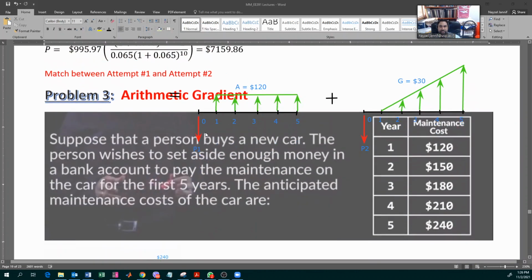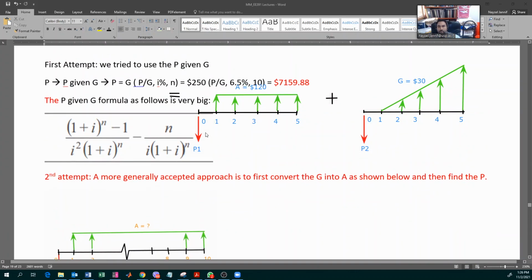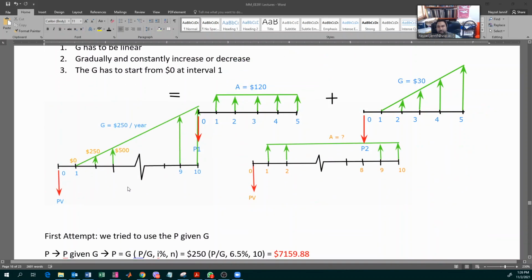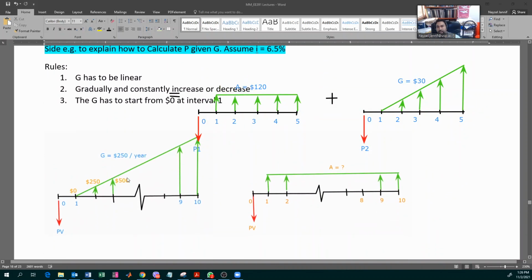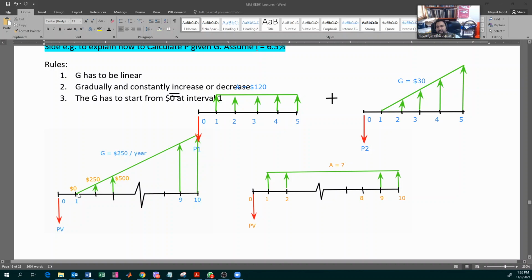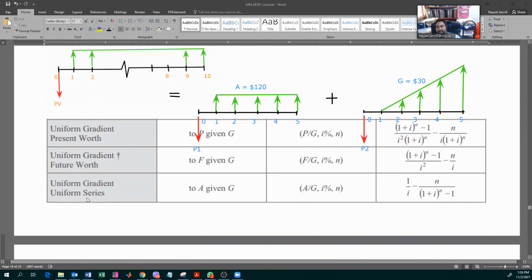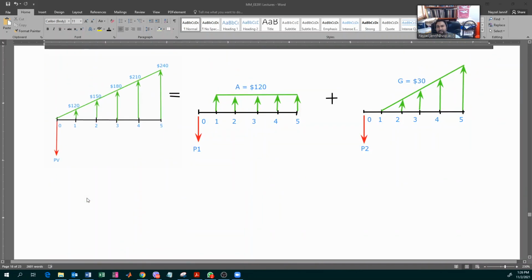Okay, let's just roll up over here and look at the original question, I mean, the example which we did. According to the rules, your G has got to start at interval number 1. But it seems that the G in this particular question had already started at 0.